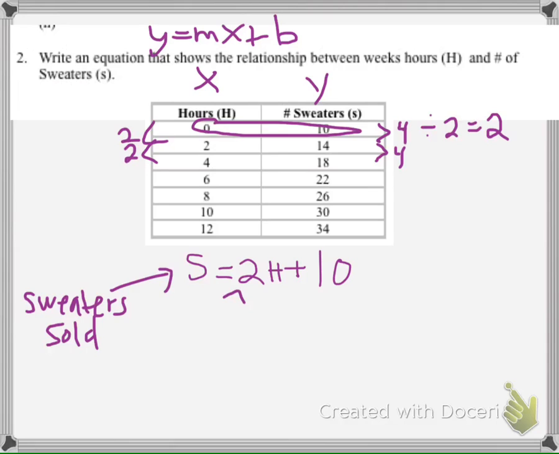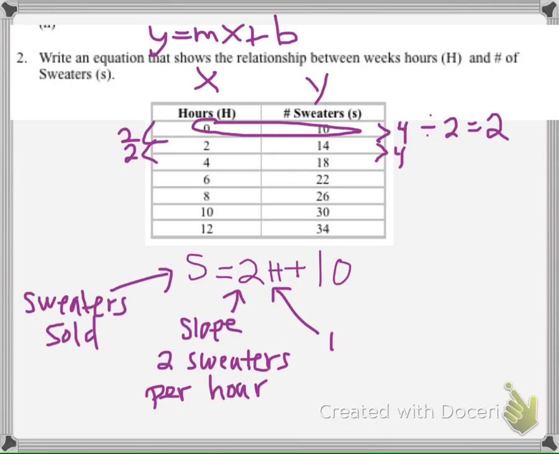Now the 2 is the slope, or the constant rate of change, or the m, which according to the situation means 2 sweaters per hour. Now the h is number of hours.